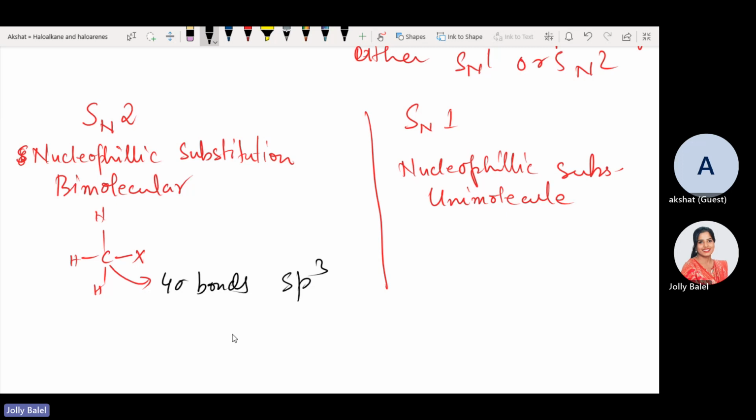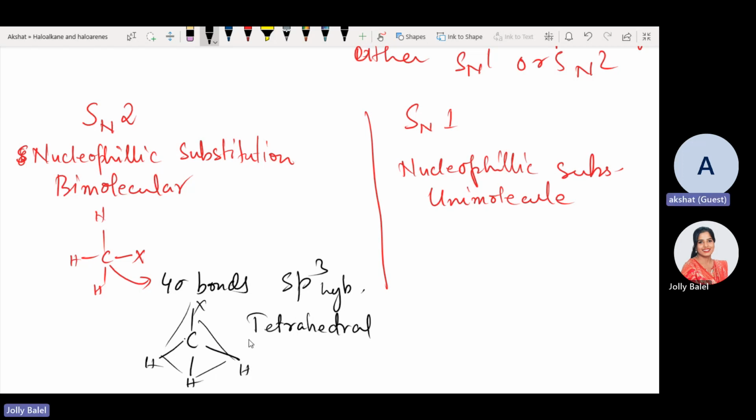It is tetrahedral, somewhat like a pyramid kind of structure. But we will not go into detail about that.